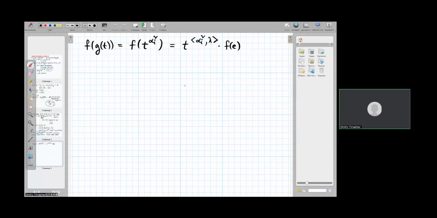So it follows from the formula you have just seen from the previous lecture, that the value of our function f of eigenweight minus lambda lambda at this g of t can be computed like this. And this means that the color di is represented in the dual of the weight lattice.